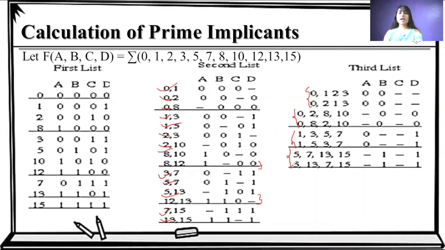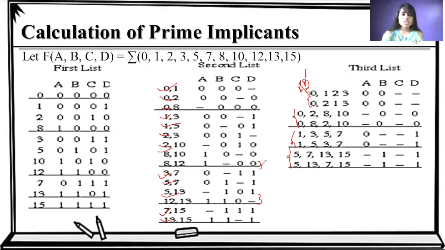How can we write this function for a prime implicant? So we have a term a equals 0, b equals 0. For SOP form, we write this as a dash, b dash. Again we have this term b dash, d dash. Then for this we have a dash, d. For this we have b, d.